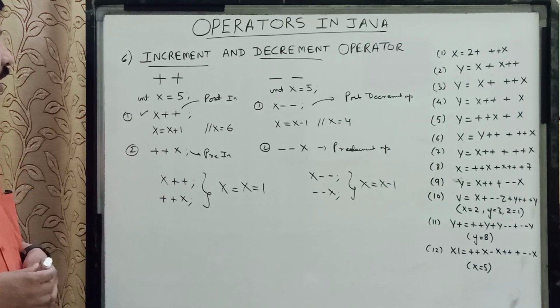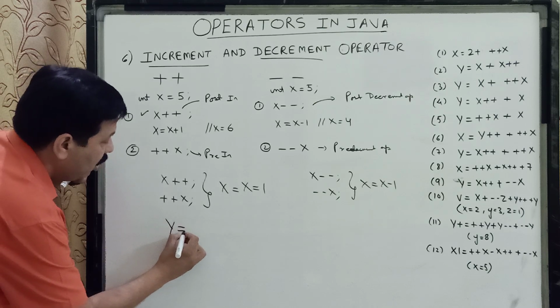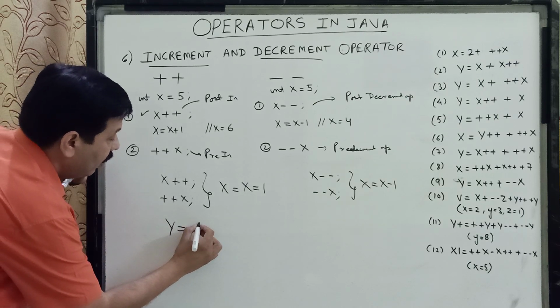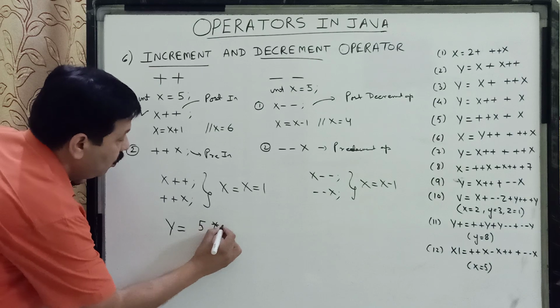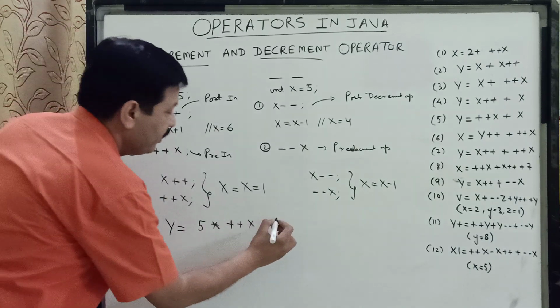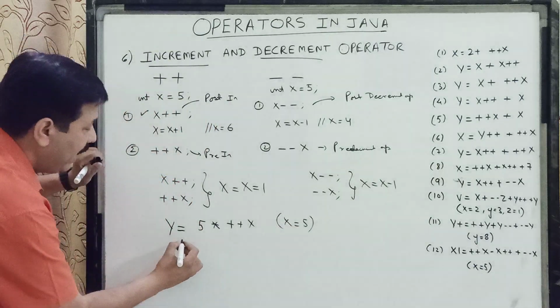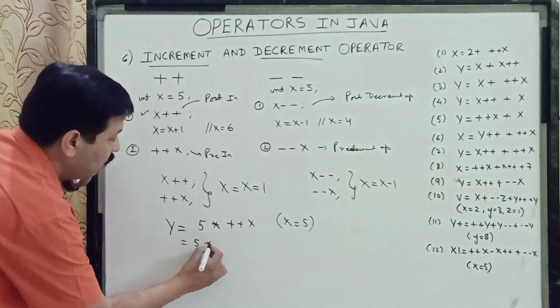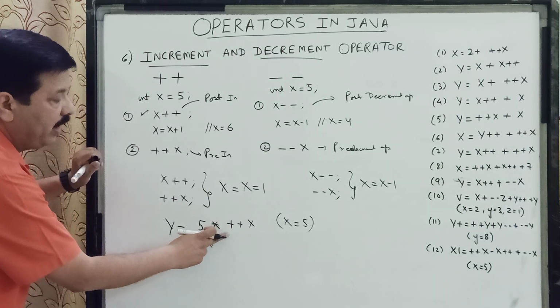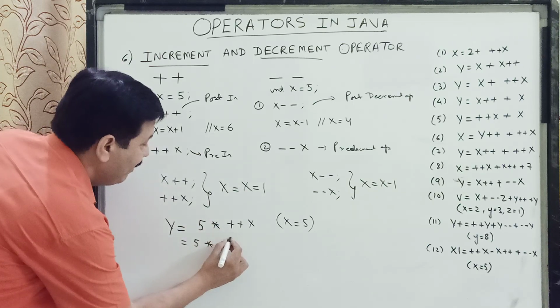Say for instance children, if I write y is equal to 5 into plus plus x, and say for instance children, we have a value of x is equal to 5. So this means that it will be equal to 5 into, since it is a prefix operator, the value will first be changed. So it will become 5 into 6.